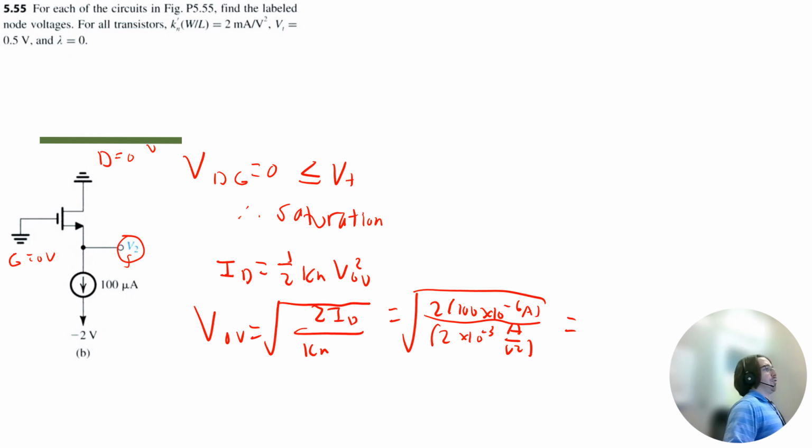So I get that V overdrive is 0.316 volts.